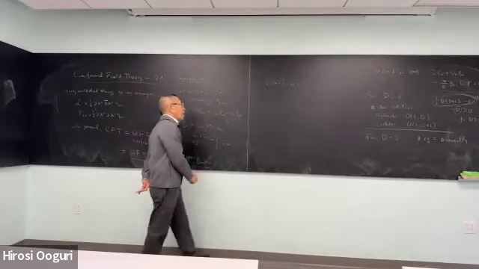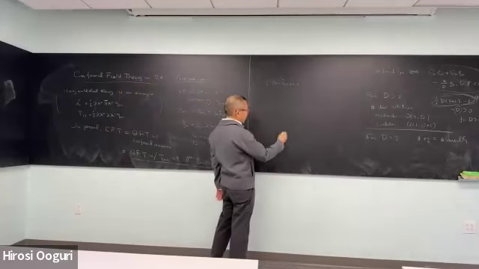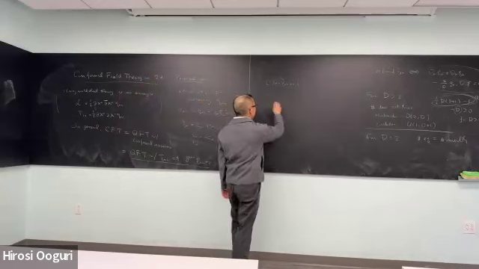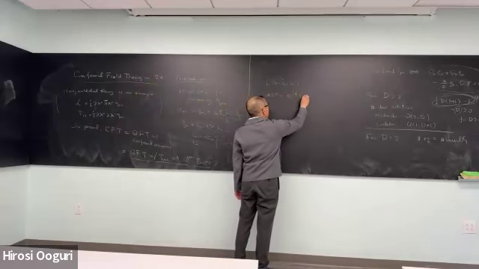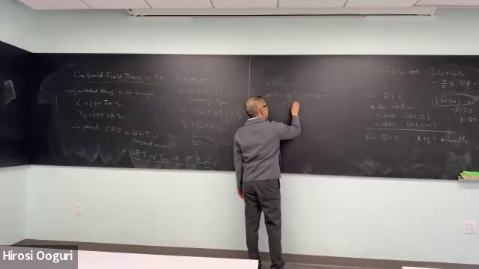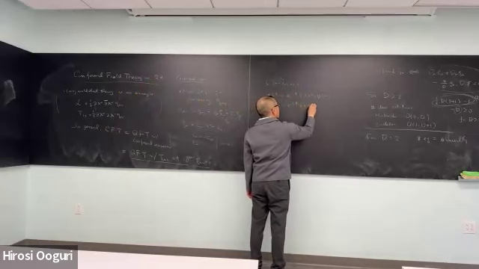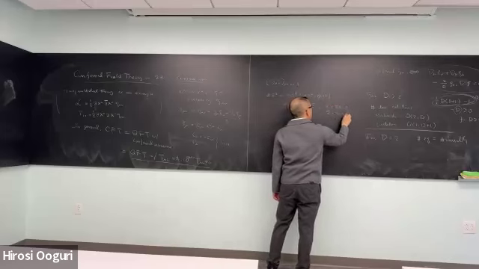You have three components of the metric, so we can use a coordinate transformation to diagonalize it. Without loss of generality, we can always write this in this way, or also in this way, where z is x plus iy, and z bar is x minus iy.